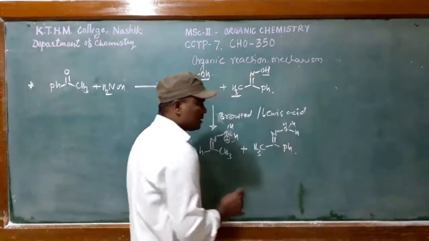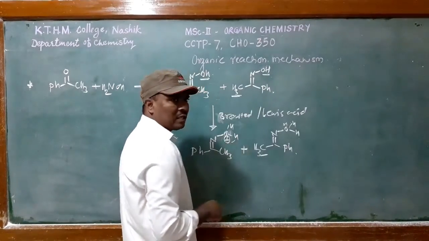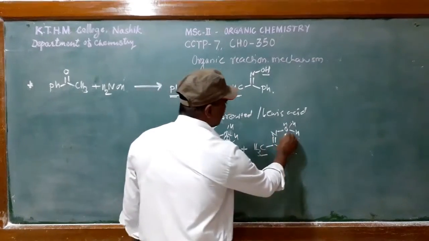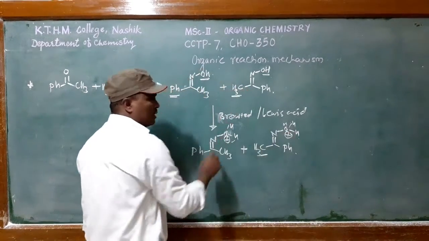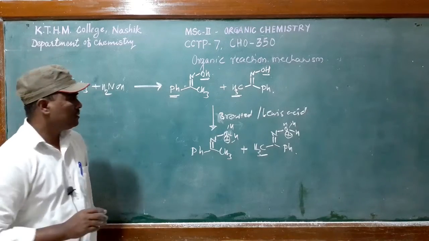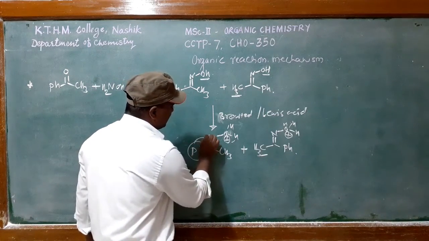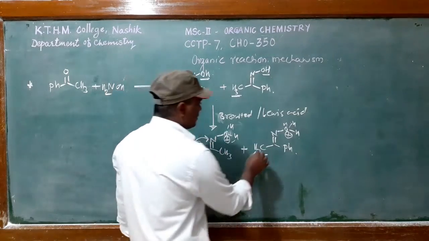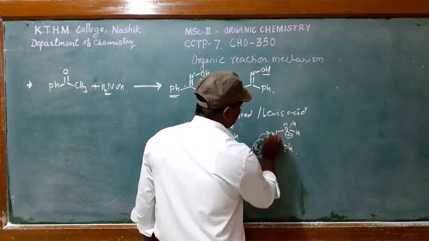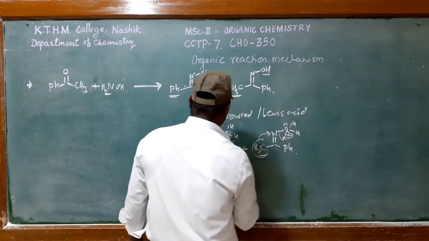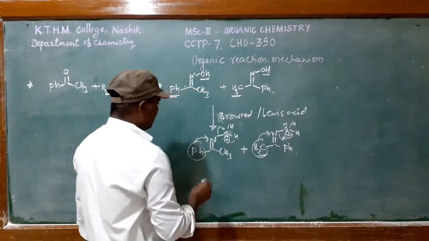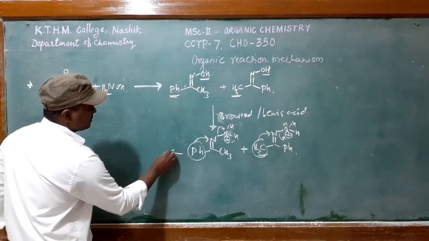So what happens here now? As I said, this methyl is now anti-periplanar to this good leaving group, which we have made now H2O plus, and this phenyl is anti-periplanar. So what will happen? This phenyl group will migrate and attack this nitrogen, and subsequently this will get cleared and it will deliver a product like this.